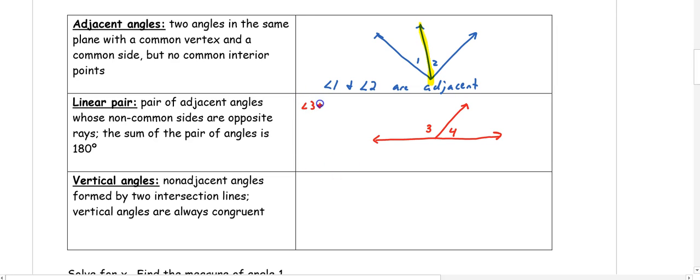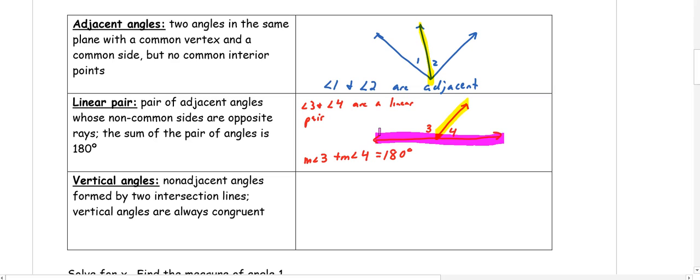We can say angle 3 and angle 4 are a linear pair. And we can say that the measure of angle 3 plus the measure of angle 4 is equal to 180 degrees. Because the non-common side, if this is my common side, the non-common side is forming a straight line. And straight lines always have a measure of 180 degrees.